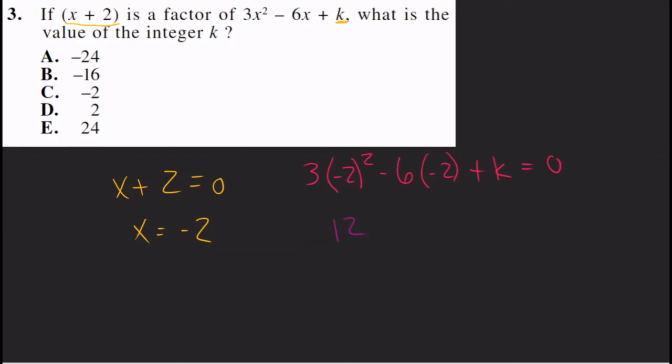Negative 6 times negative 2 is positive 12. Okay, and so 12 plus 12 is 24, so I'll have 24 plus k equals 0. And if I just keep working there, subtract the 24 from both sides, I'll end up with negative 24 for k, which is choice A.